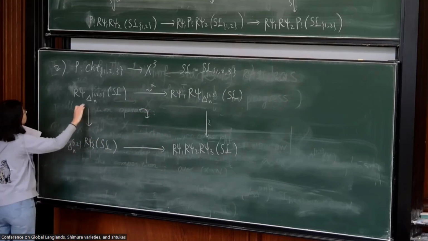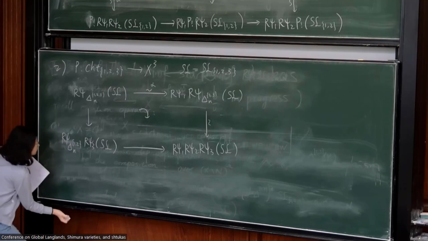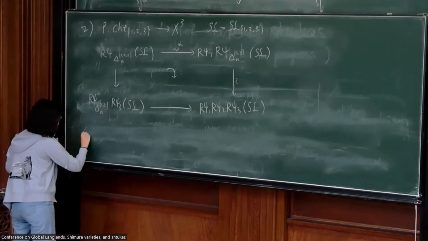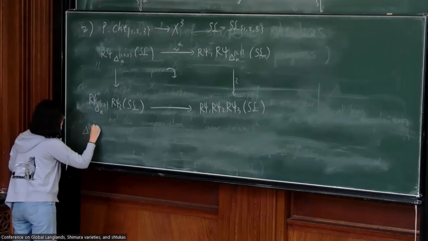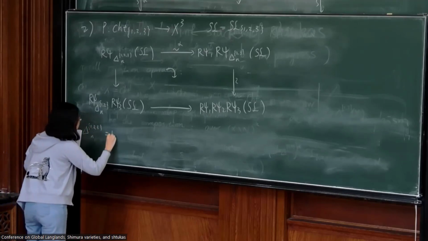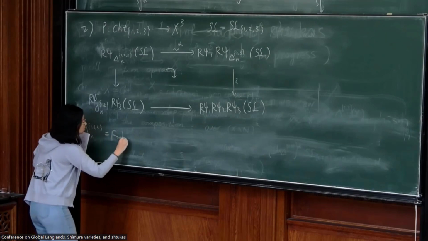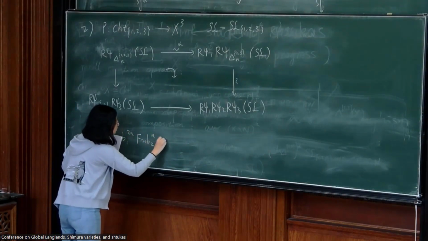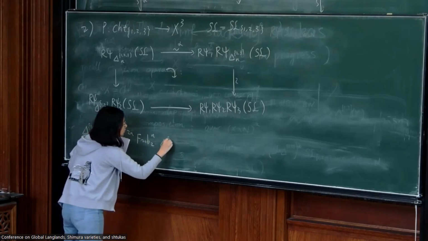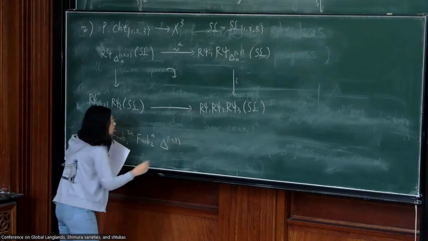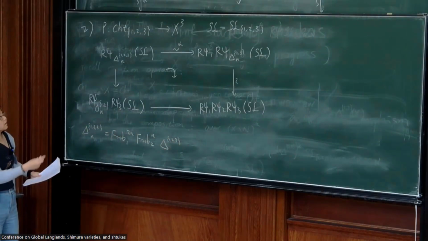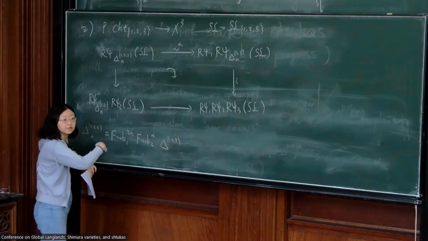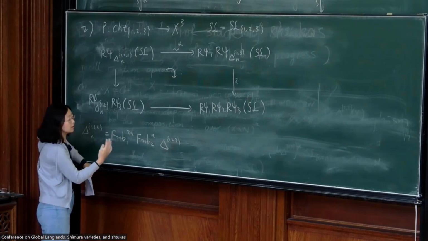So here, the idea is that you have one coordinate very Frobenius-twisted compared with another coordinate.